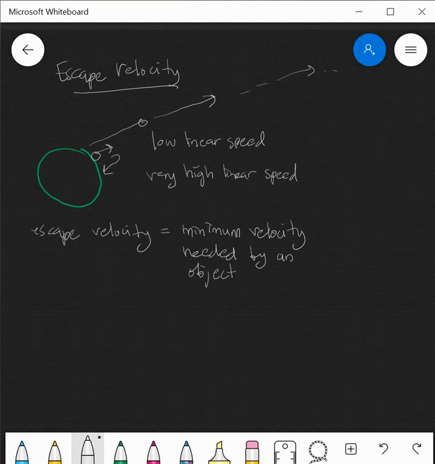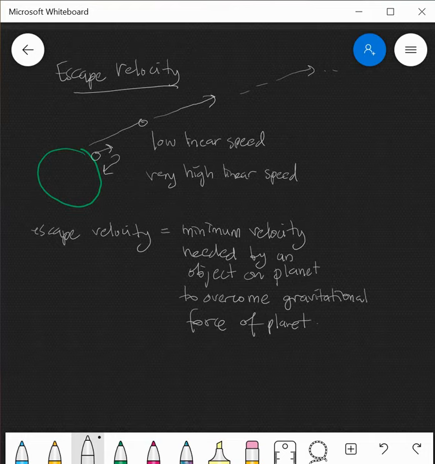So escape velocity is the minimum velocity needed by an object on a planet lah, tak kisahlah earth ke, on any planet to overcome gravitational force of the planet and escape to outer space.